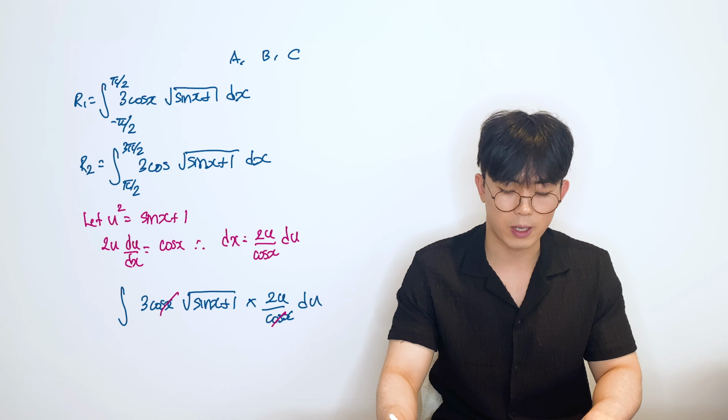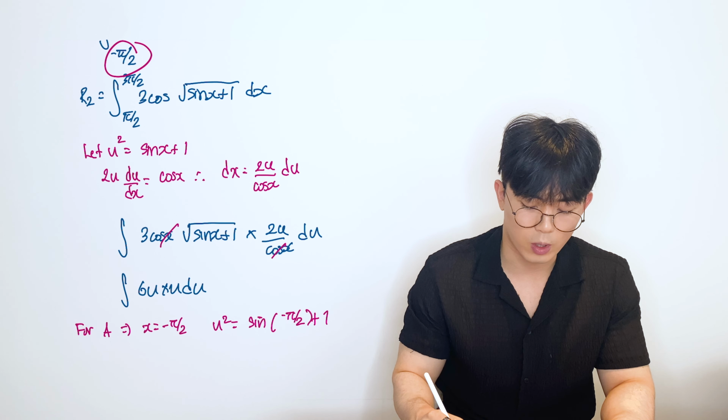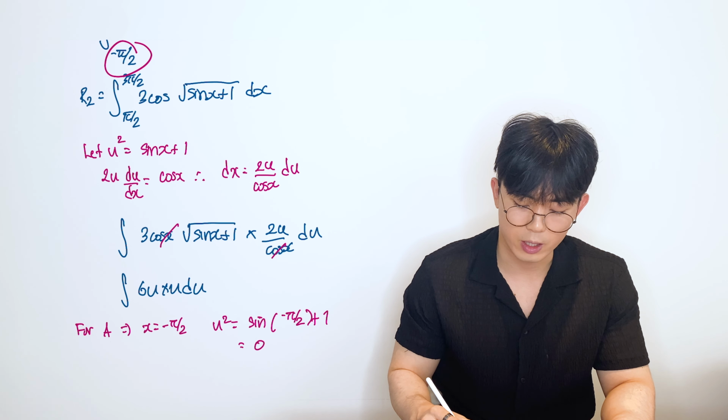However, now we can't forget about the limits because even though we found the limits of where it crosses, these are the limits for x. This integral now is in terms of u, so we need to change up the limits as well. So for the limit of a, x is equal to minus pi over 2. So therefore u squared is equal to sine of minus pi over 2 plus 1, which will give me 0.